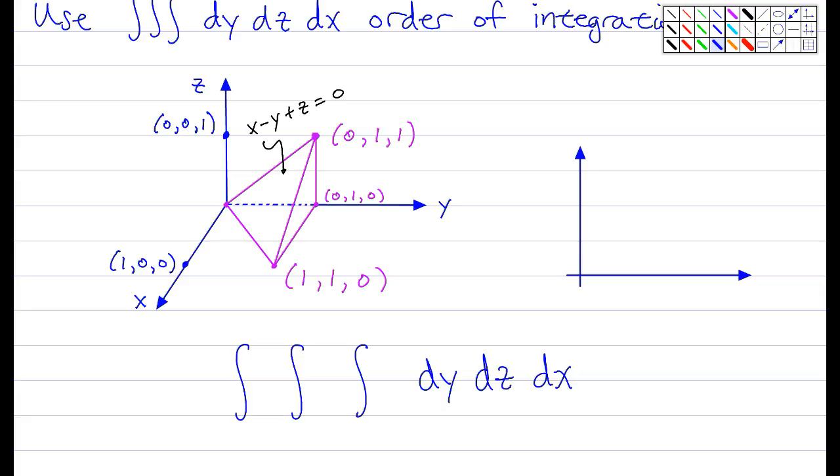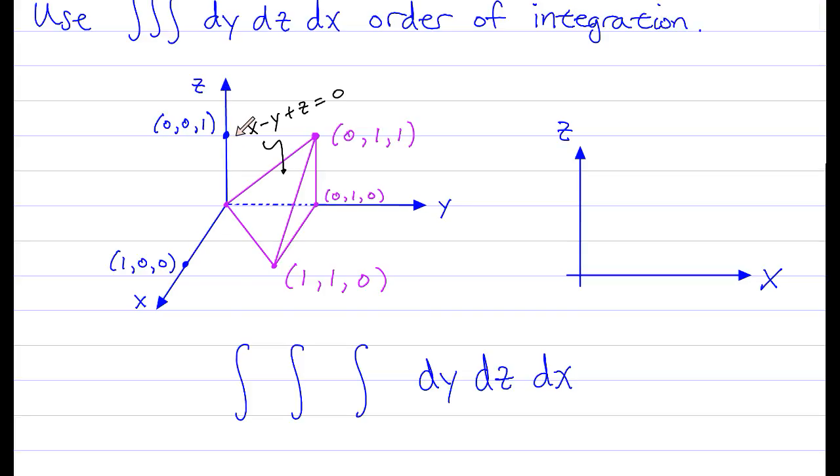So our region is going to be in the xz plane. I'm going to draw that. You don't have to do this, but it's kind of nice. I can also draw it right on the diagram here. We can do both things. So here we go. The shadow of this guy is a nice little triangle, right in the xz plane, as I'm outlining right here.